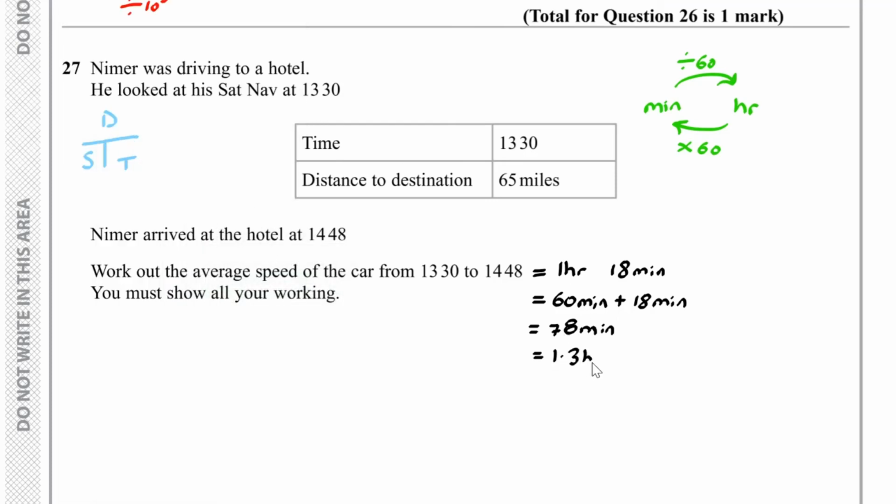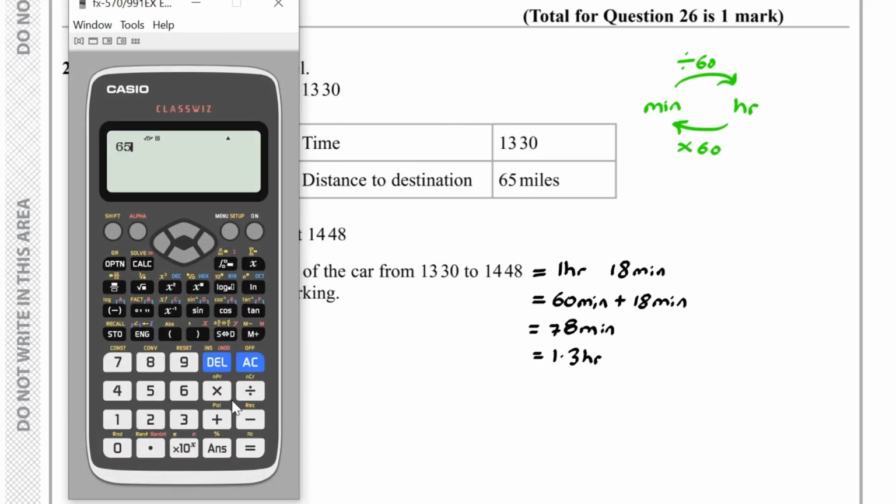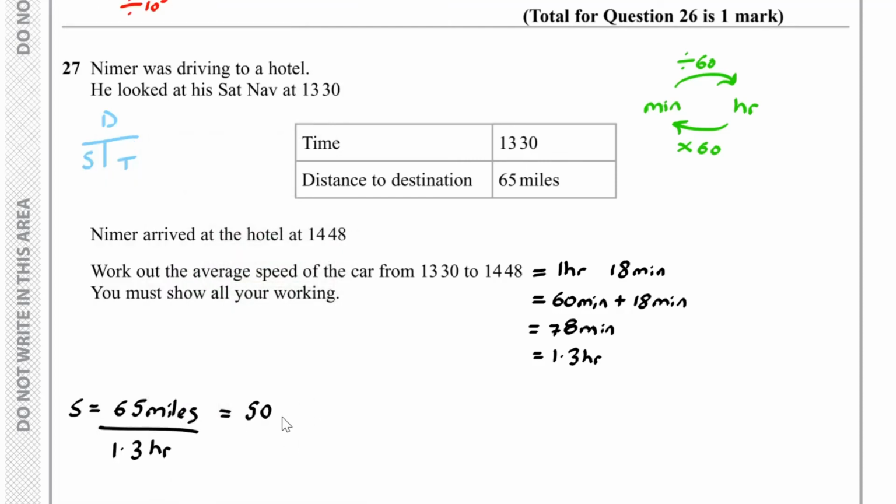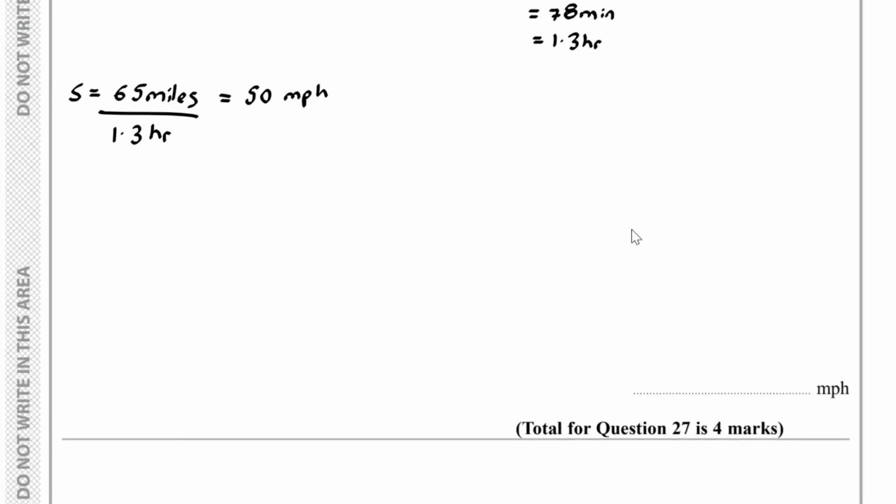So we have 1.3 hours. So therefore the average speed is equal to the distance, 65 miles, divided by the time, 1.3 hours. So 65 divided by 1.3, that's 50. So the average speed is 50 miles per hour. Okay, so let's just add this in. We've got 50 miles per hour.